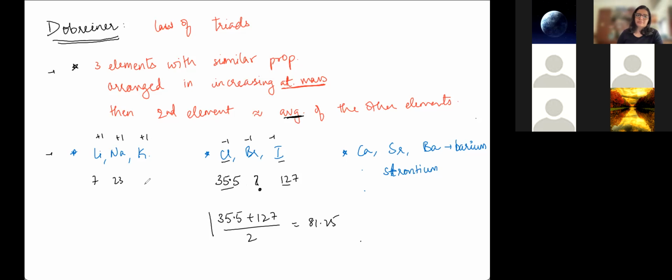Only 3 triads are there in total. If they just say verify the law of triads, you can do it. But if they specify verifying whether it applies to a set of elements, then you have to do it for those elements. It completely depends on what is asked.